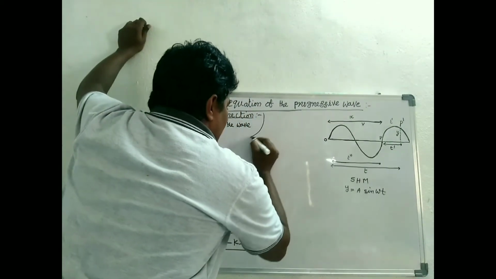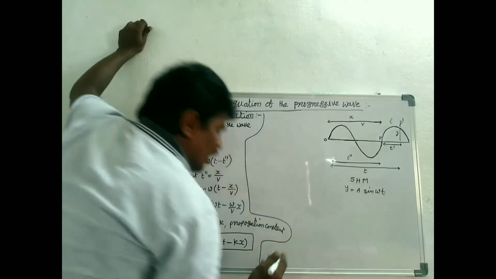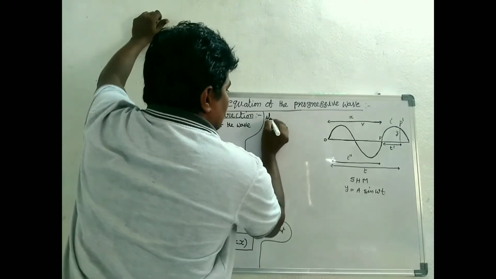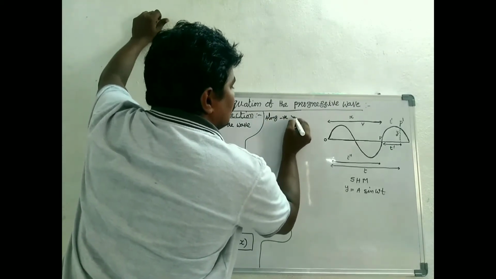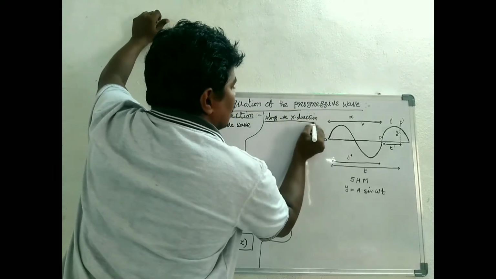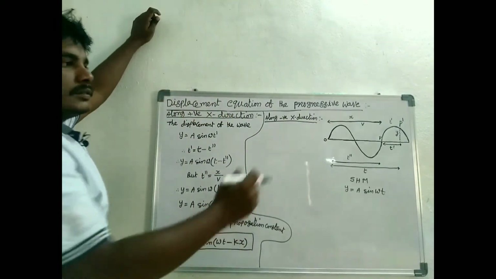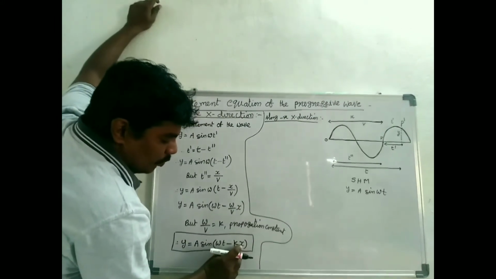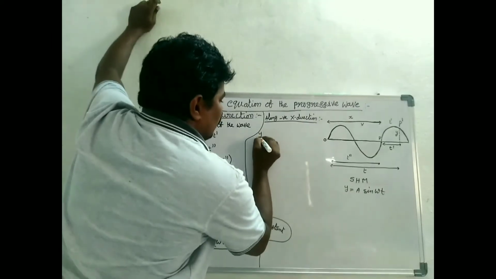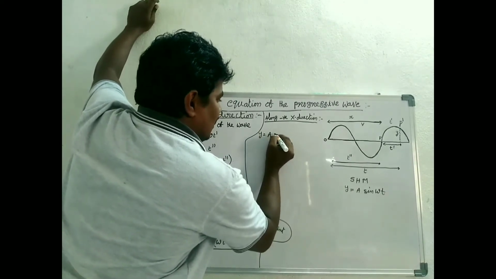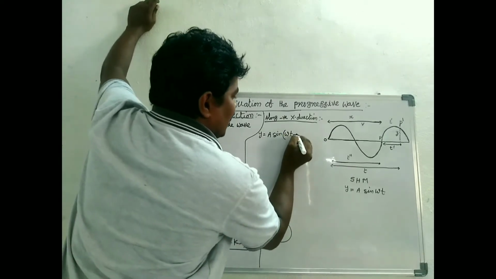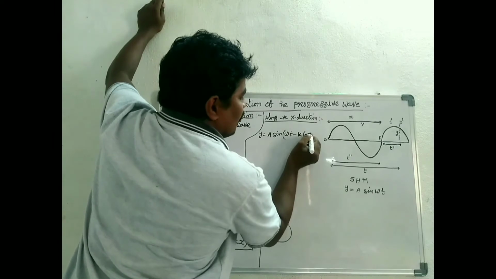If the wave is propagating along the negative x direction, we write minus x instead of x. So y equals a sin omega t minus k into minus x.